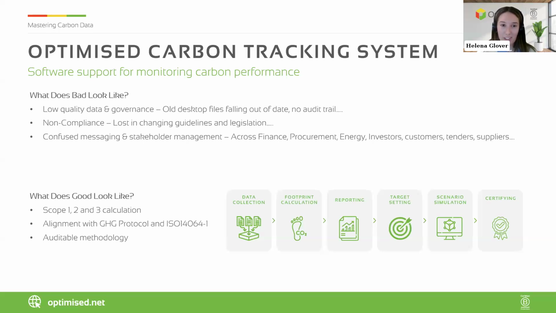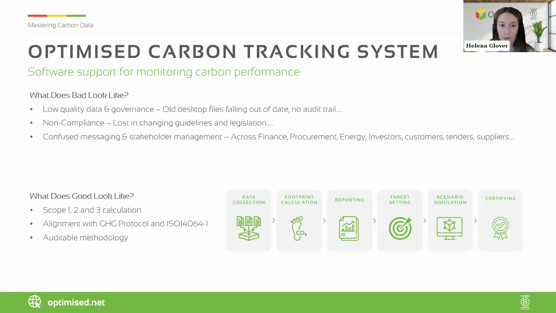And we very imaginatively named our service offering built around this software the Optimised Carbon Tracking System. So how it works is our carbon experts support you with our advisory services alongside the use of this best-of-breed software. And we work to educate and engage key stakeholders, provide guidance on relevant frameworks and standards, and we make sure that you maintain really strong data integrity.